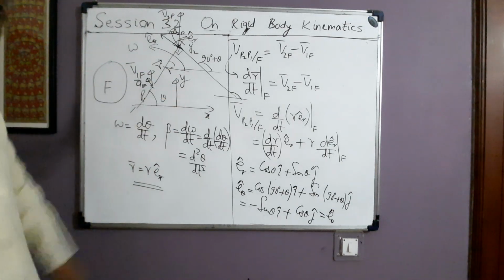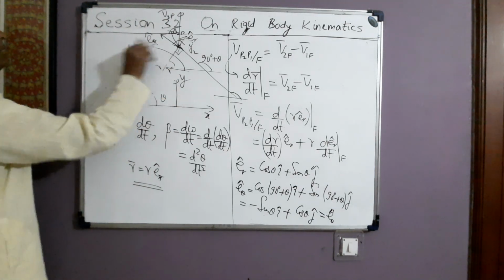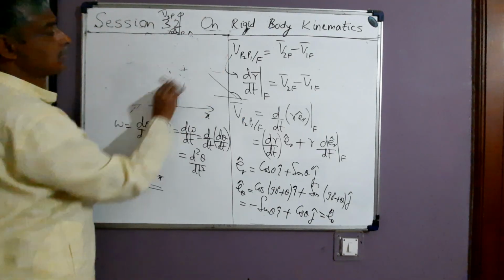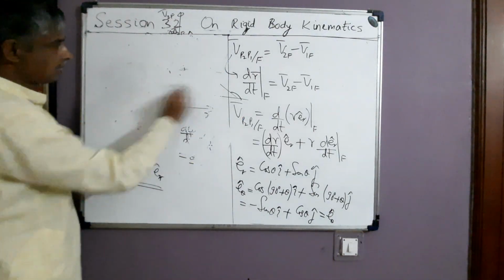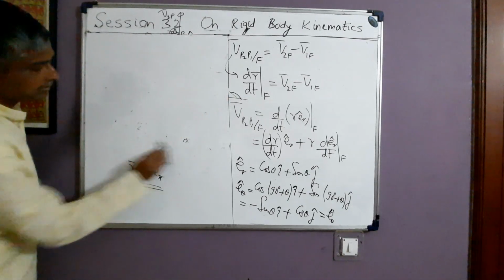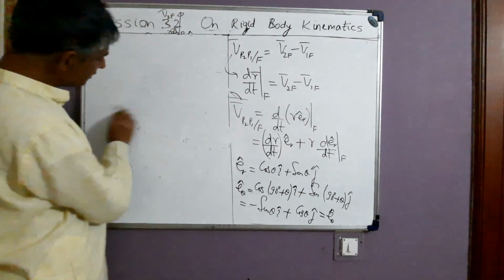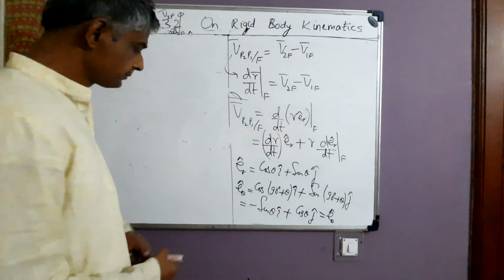So at this instant, we are calculating the relative velocity between these 2 points in frame F in cylindrical coordinate representation. Alright, fine.